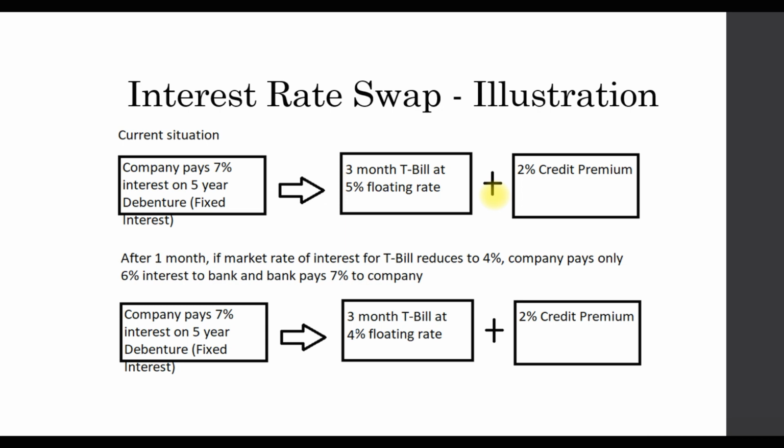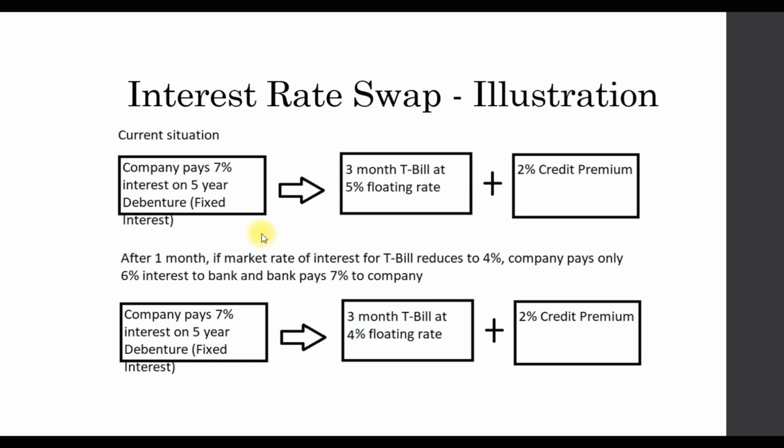So if the swap rate for this treasury bill is 5%, what gets swapped with the fixed rate is the floating rate of the treasury bill plus 2%. That is the current scenario. The bank matches the 5% floating rate treasury bill plus 2% credit premium, which works out to 7% fixed interest.